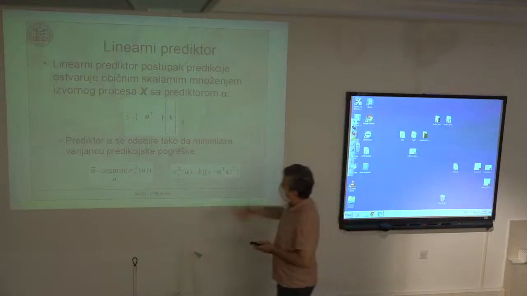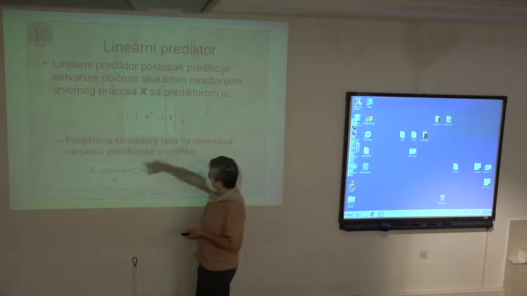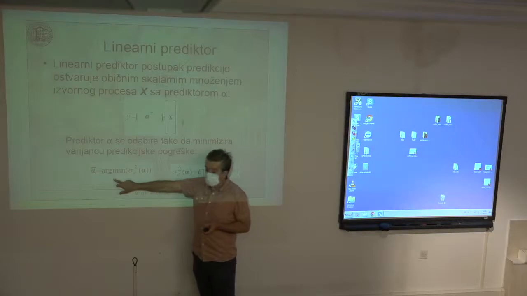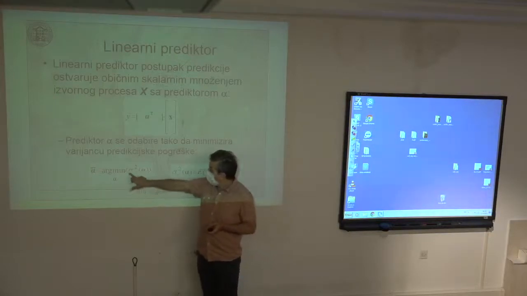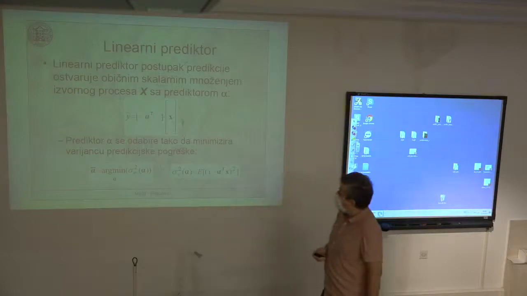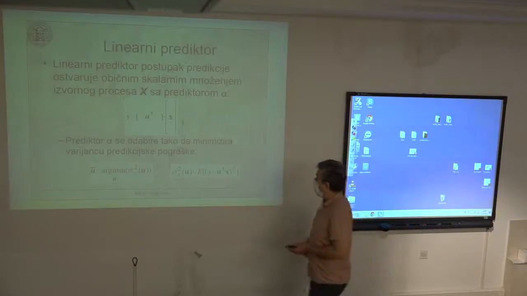So to find the best possible predictor, I have to solve this minimization problem. I'm trying to find the coefficients alpha 1 to alpha p, which will minimize the variance of prediction residual. And what is this sigma e squared?